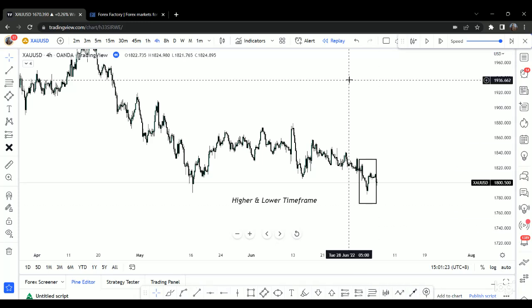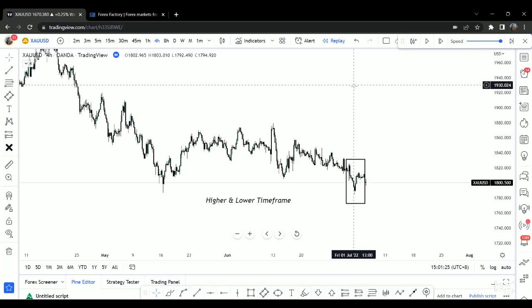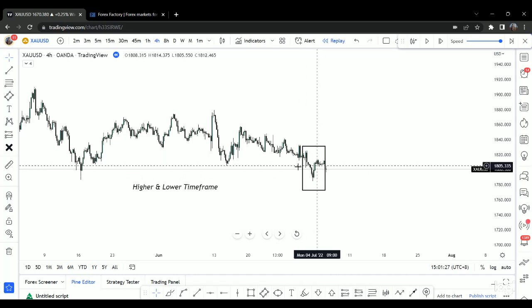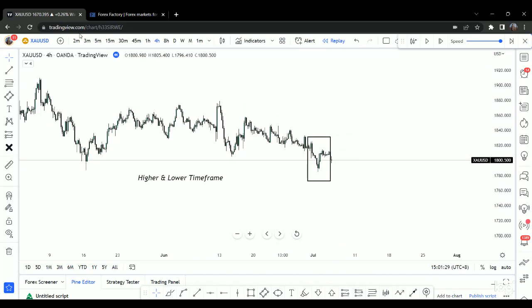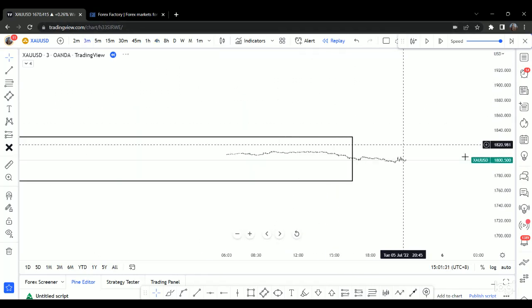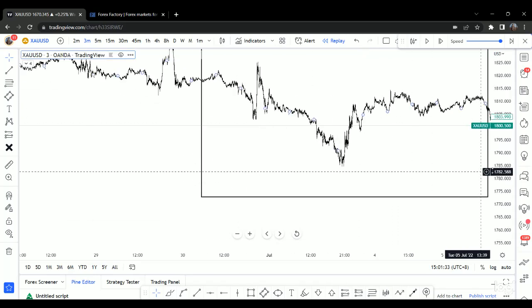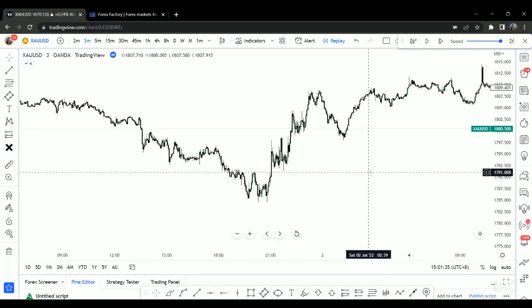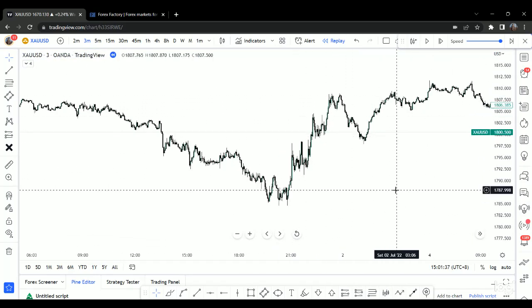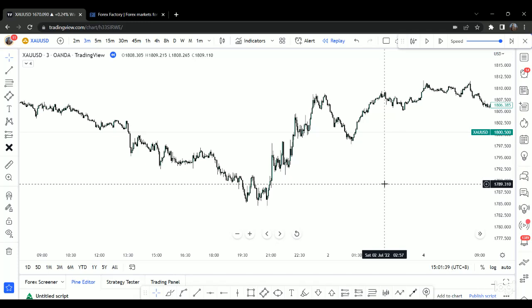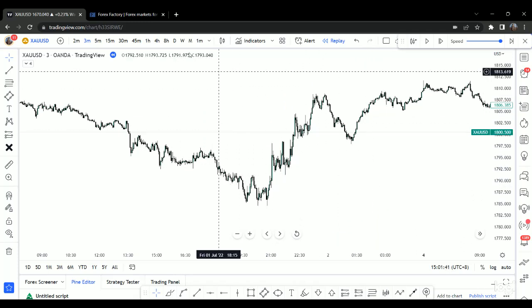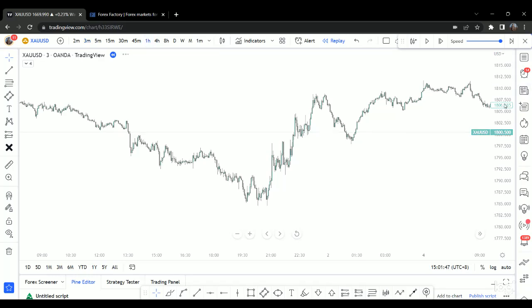The market is in a downtrend condition. But this similar piece of price action, if we drop down to the 3-minute chart, what trend are we in? Assuming we are looking at this piece of price action, we are in an uptrend.